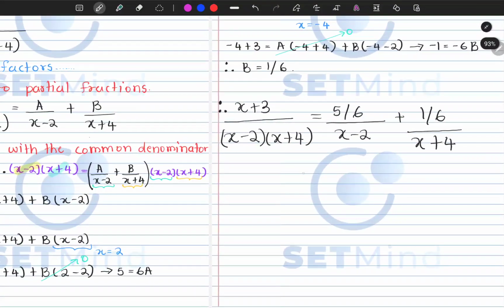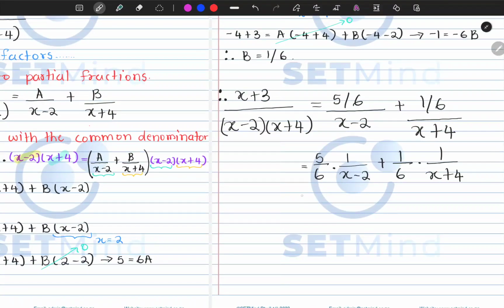So you can write this in a way which, it depends on how you view it, but others would prefer writing this as 5 over 6 multiplied by 1 over x minus 2 as an example, and then plus 1 over 6 multiplied by 1 over x plus 4.